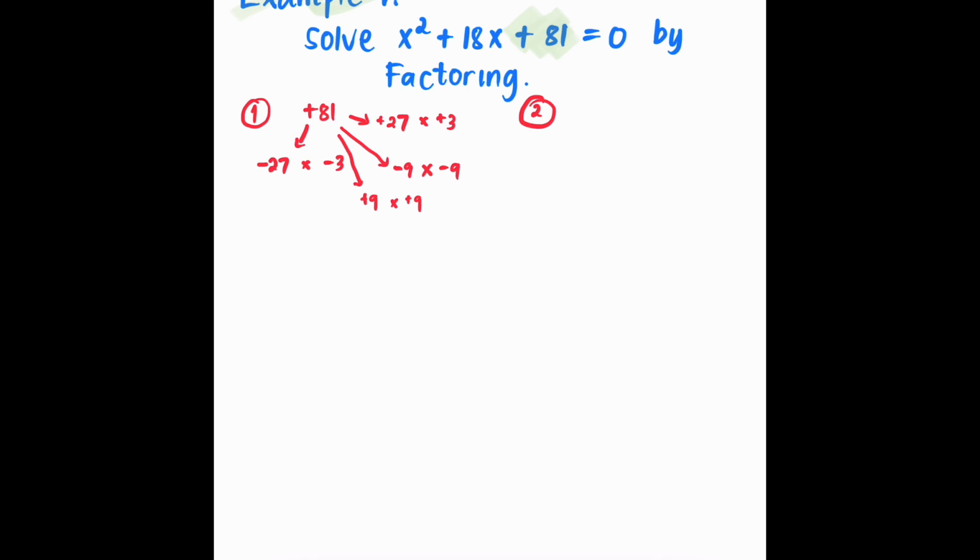Going back to the second step, we need to consider the coefficient of the middle term. The middle term here is positive 18x, and I just mentioned earlier that we need to consider the numerical coefficient. So that is positive 18. Positive 18 is the coefficient of the middle term. We need to take note of that in step 2.